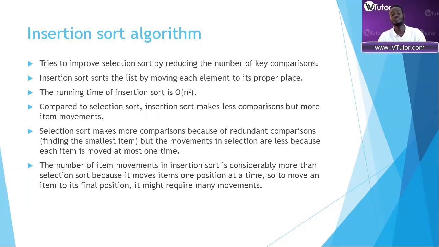So you keep moving an item towards the left until you meet an item that is not less than the current item, because if you keep on moving, then it means you're not sorting anymore. So the number of comparisons that insertion sort makes is much less than selection sort, but the number of movements that insertion sort makes is quite high.